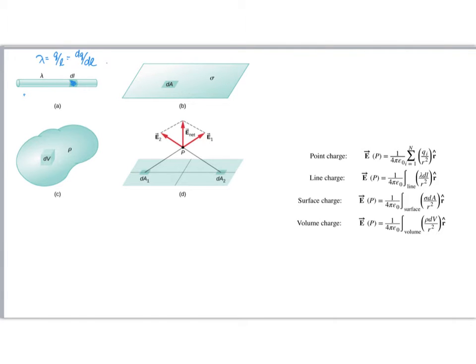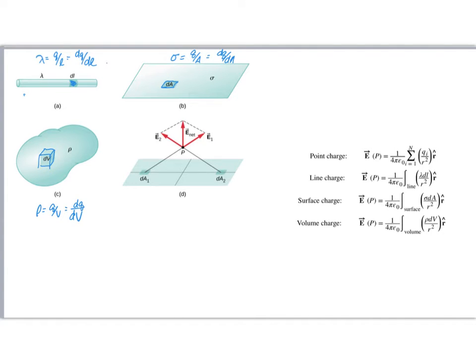Second, if we have an area, so a two-dimensional distribution of charge, sigma is the charge per unit area, or if you take a little area like we have right here, you would enclose a charge equal to dq. Finally, we have a volume density of charge, where rho is the charge over volume, or again, if we take a small element of the volume, we would end up with a little bit dq of the charge.